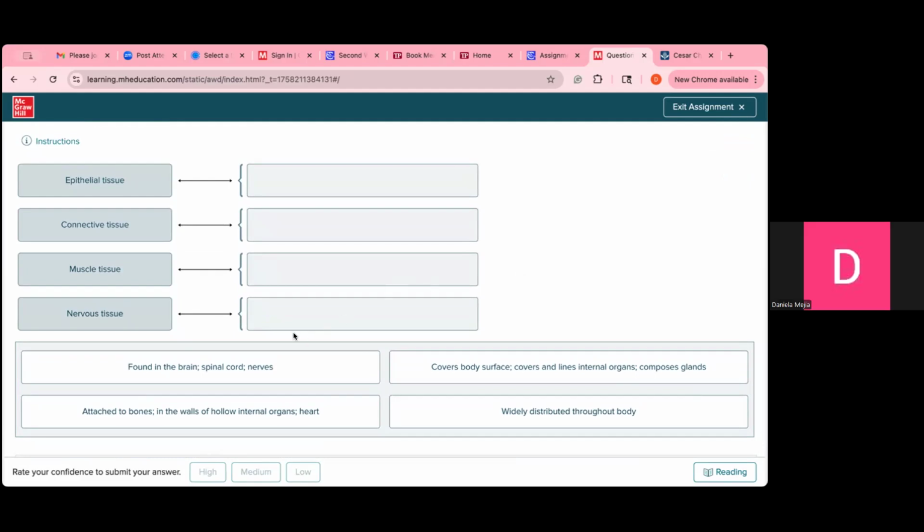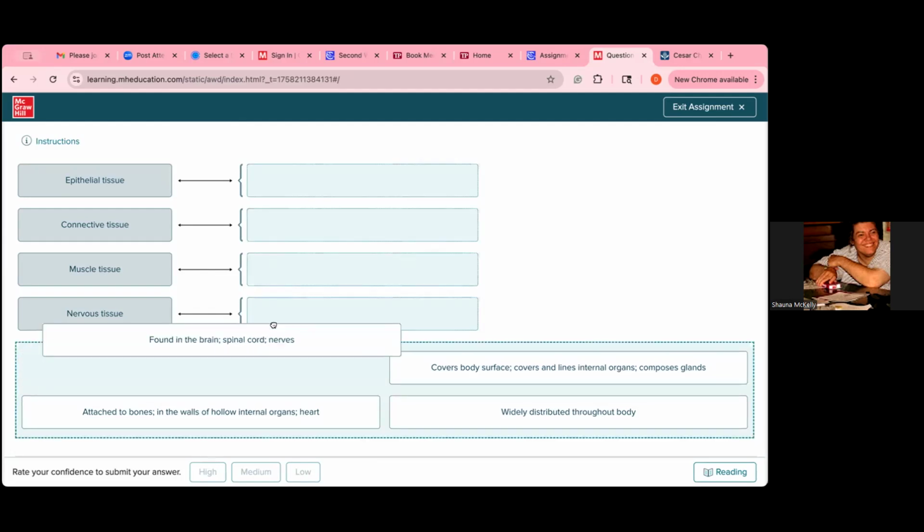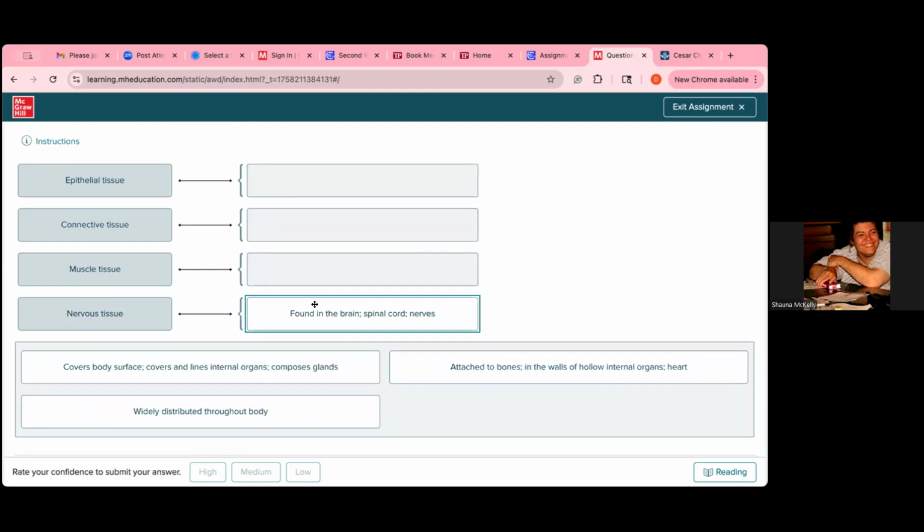The brain, the spinal cord, and the nerves is going to be nervous tissue, because it says nerves.